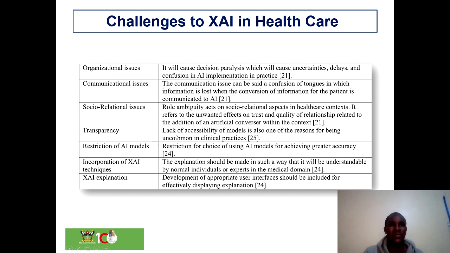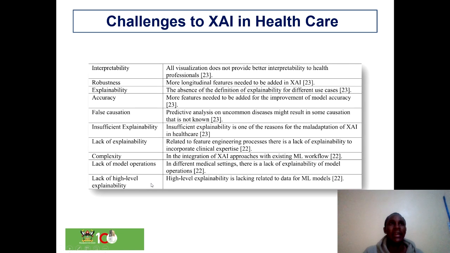It's quite difficult to understand what exactly is going on with the models. And then restrictions in terms of what AI models you can choose to use. And then explainability is still an issue. The techniques are not quite easy to understand. And then interpretability, sometimes it's quite difficult to come up with a sufficient interpretation.